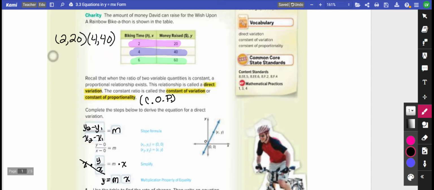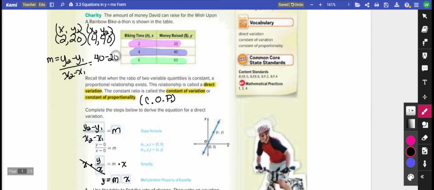Again, you could do 6, 60 if you want. Then I'm going to use my slope formula, slope equals y2 minus y1 divided by x2 minus x1. I'm going to label my ordered pairs x1, y1 and x2, y2. Then I'm going to plug in my values.